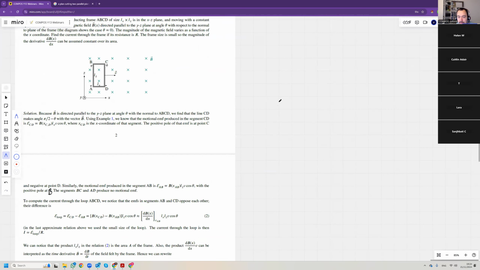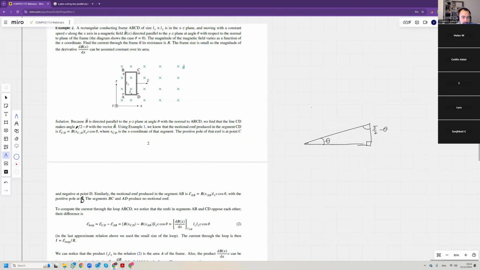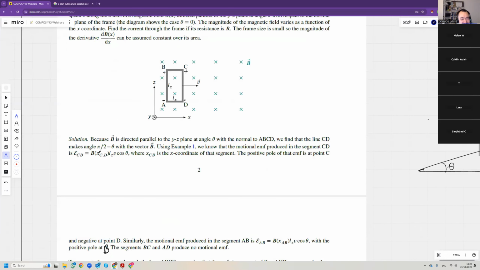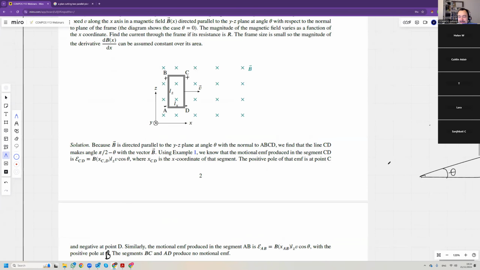Well, if you have a right angle triangle, and this is theta, then this angle is pi over 2 minus theta. So literally 90 minus theta. Oh, sorry, so silly. Forget what I said.